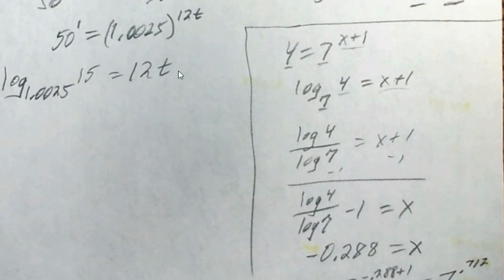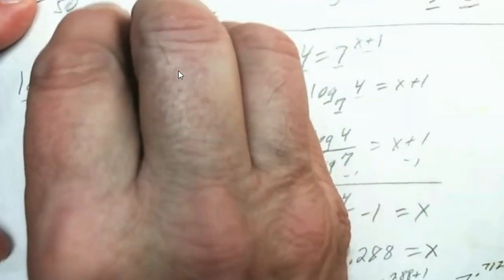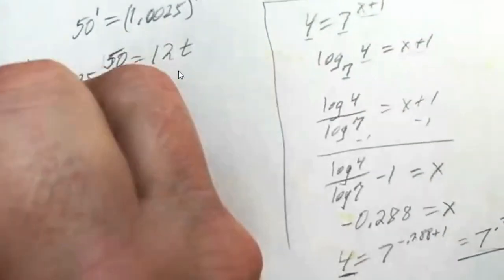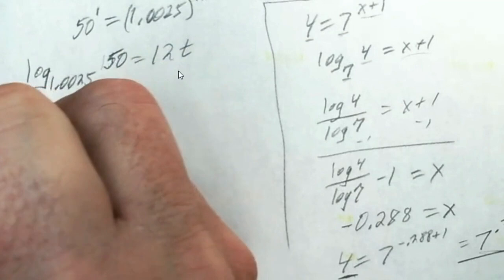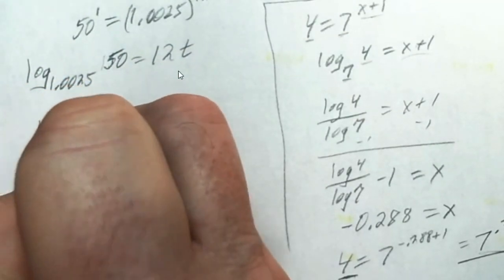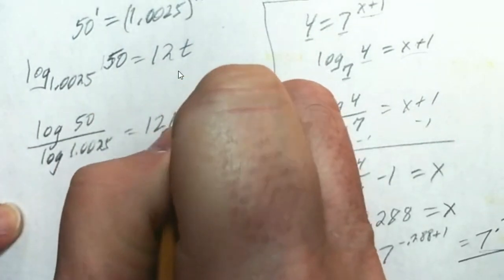Now we're on to something. I put 15 and said 50. All right, my brain's still not working well today. 50. So that means over here, I can take log of 50 and divide it by log of 1.0025, and that will equal 12t.